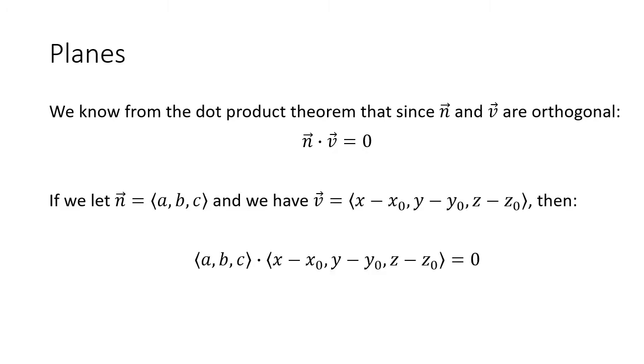So if we let the normal vector be given by a, b, c, and we define vector V like we just did a second ago, then I can absolutely take the dot product of these two vectors. Remember, dot product is just corresponding components. So multiply a times the quantity x minus x0, b times the quantity y minus y0, c times the quantity z minus z0, and it's all going to equal 0.